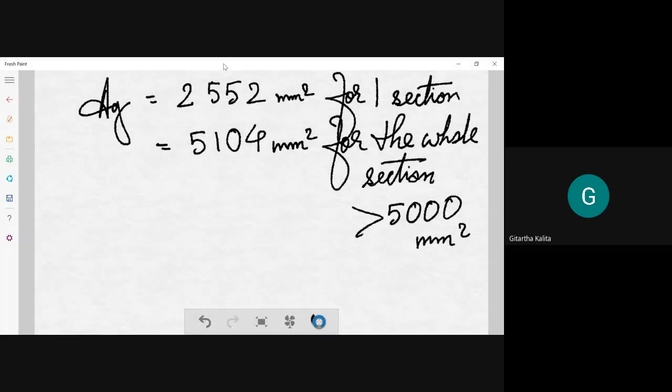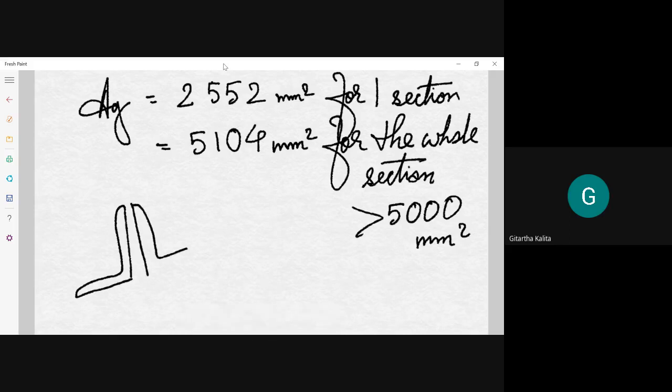Okay, now you can see in the contents of the steel table, there is a table where we get some values for gross sections, not for a single angle, but for two angles together when they become one column.